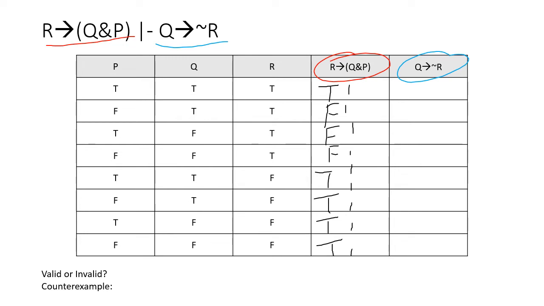And now we have just our conclusion to do. Here again, you can see there's a tilde and an arrow. The tilde is just over the R, so we got to do the tilde first. So the tilde R, we'll just take these values, flip them over.